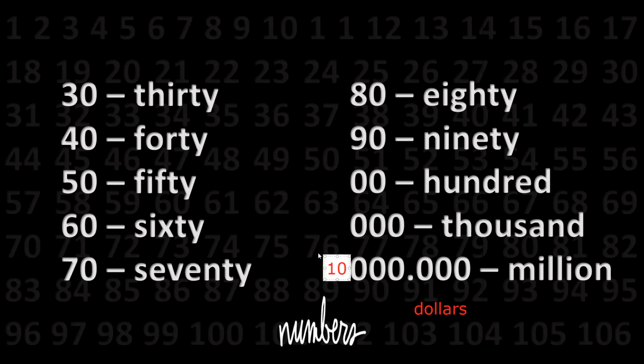And then the number goes on. 20 million dollars. 30 million dollars. 40 million dollars. Okay. If you want, you can make it 50. So $50 million. 60 million dollars. 70 million, or $70 million. 80 million dollars. 90 million dollars.